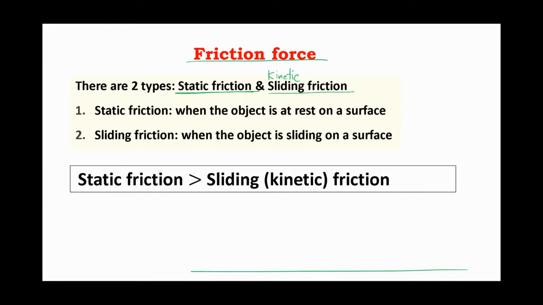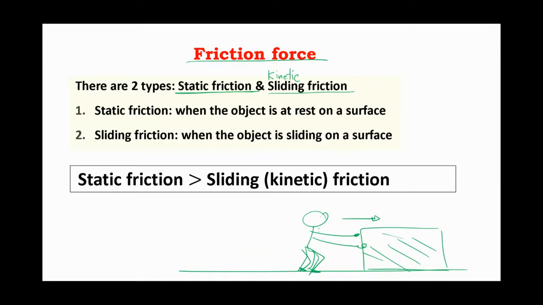What are they? Let's say there is a box or a table or whatever, and you try to push. You are here, you are trying to push this box or this table.